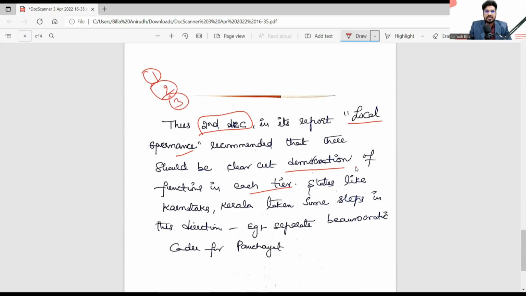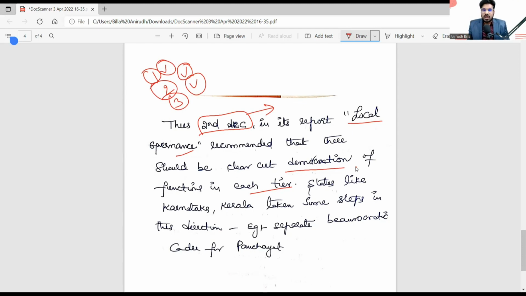And also in the municipality, they should clearly demarcate the differences of power, functions, and functionaries. This is recommended by the Second ARC. You can directly write this in your answer whenever they ask about solutions or any question about the 73rd and 74th Amendments.